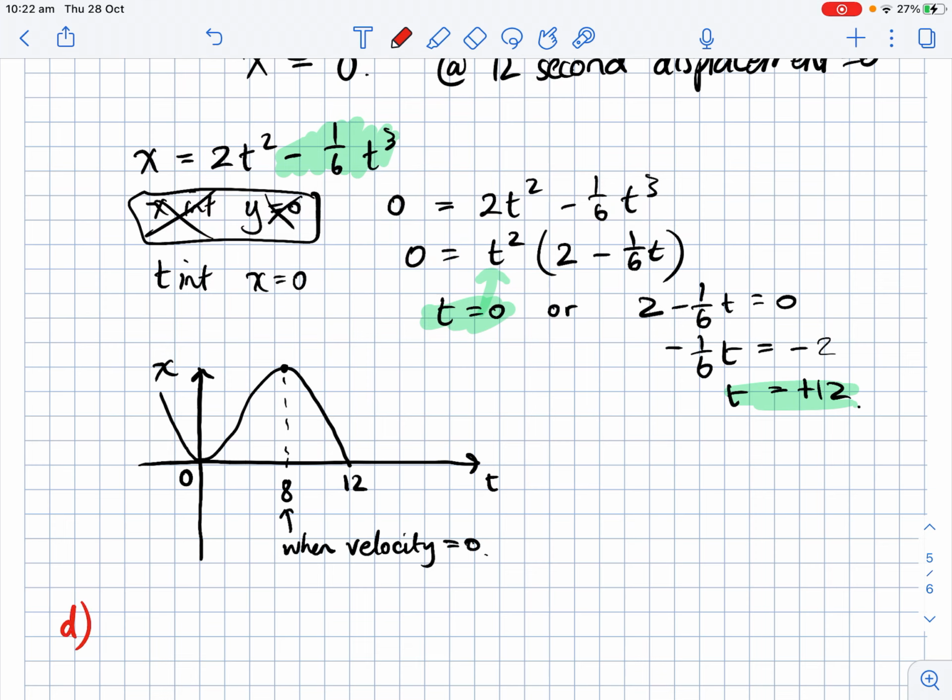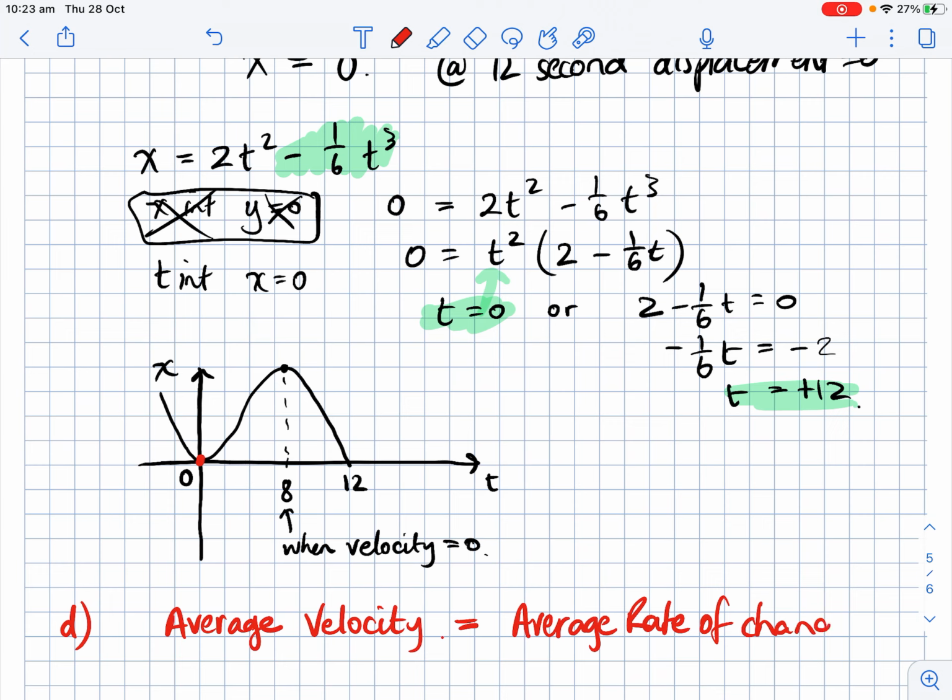Part D, I initially said, what's the average velocity? So this wasn't the question, but this is what I did in class. The average velocity is equal to the average rate of change of displacement.